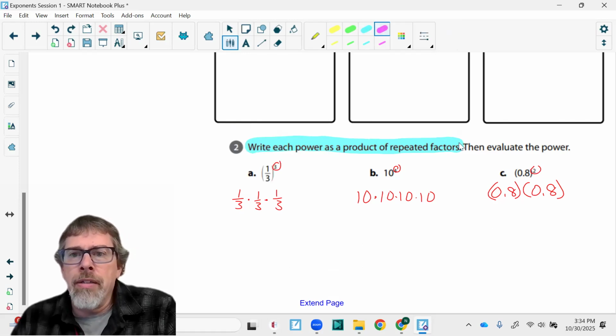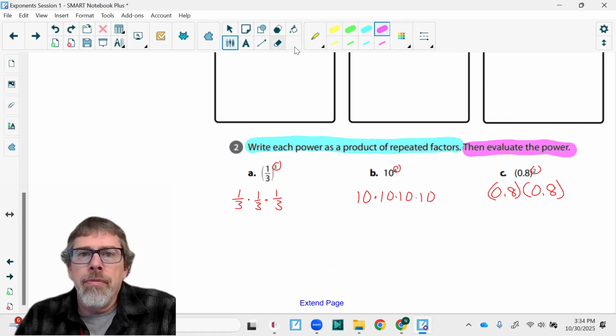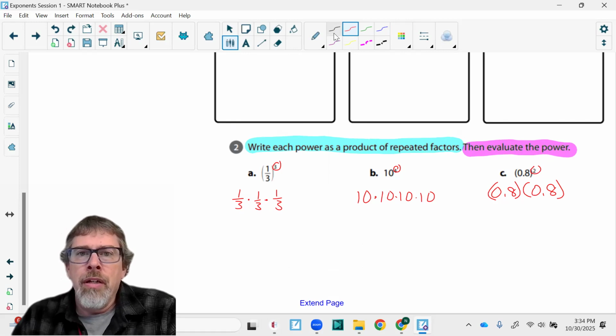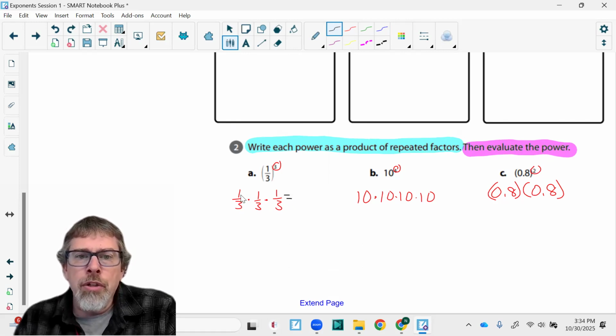But now it says evaluate. Evaluate means find the value of this. So when I do this one here, we're multiplying straight across. The numerator times the numerator times the numerator. 1 times 1 times 1 is 1. 3 times 3 is 9 times 3 is 27.